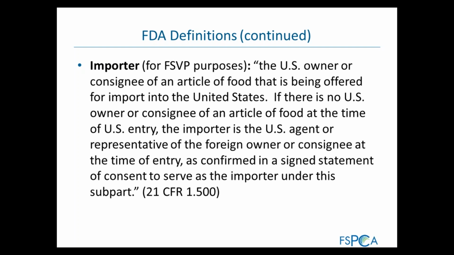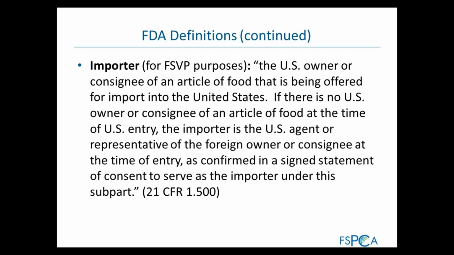The importer for foreign supplier verification purposes is an important term for you to understand. This is very different from the importer of record. As product crosses the border into the U.S., Customs and Border Protection handles that process, and they identify at the time that the product crosses the border who the importer of record is for customs purposes.